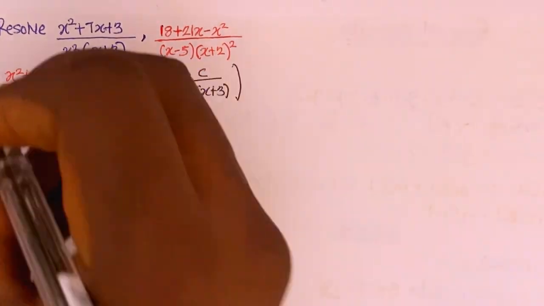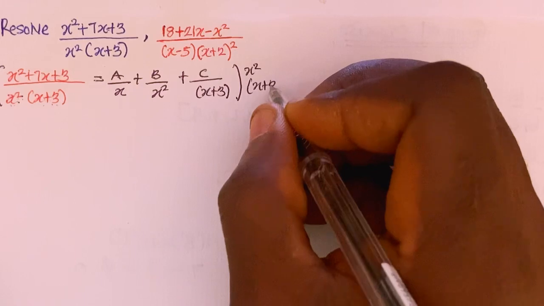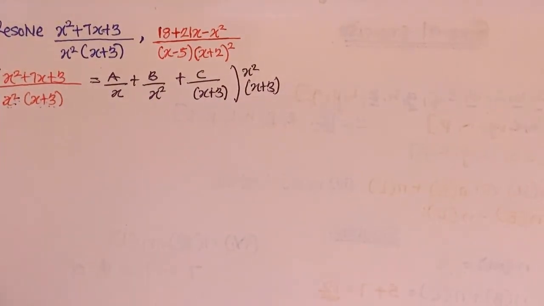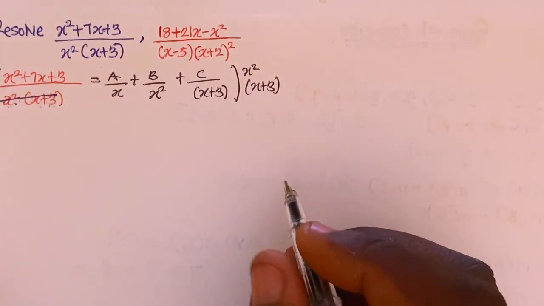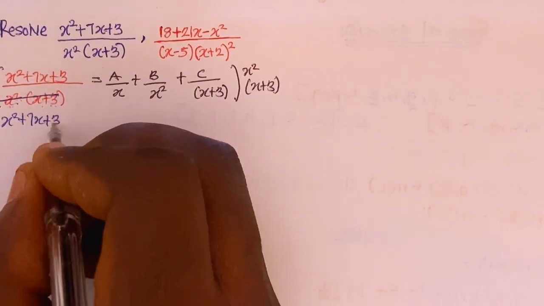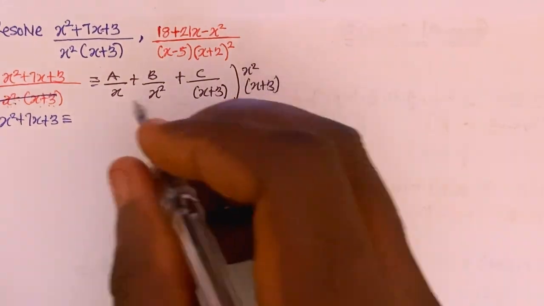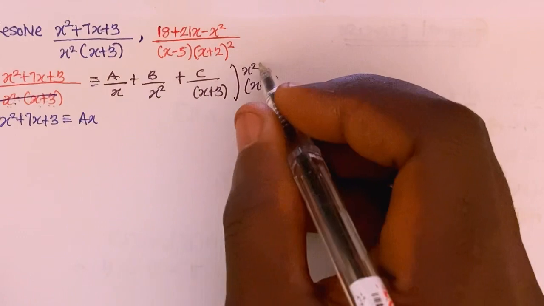So I'll go ahead and multiply both sides by x squared and also x plus 3. Multiplying both sides by these two factors, both of them are going to cancel out on this side. Then on this side I'm going to have x squared plus 7x plus 3, which is equivalent to this: one x is going to cancel with this, and it's going to remain x.